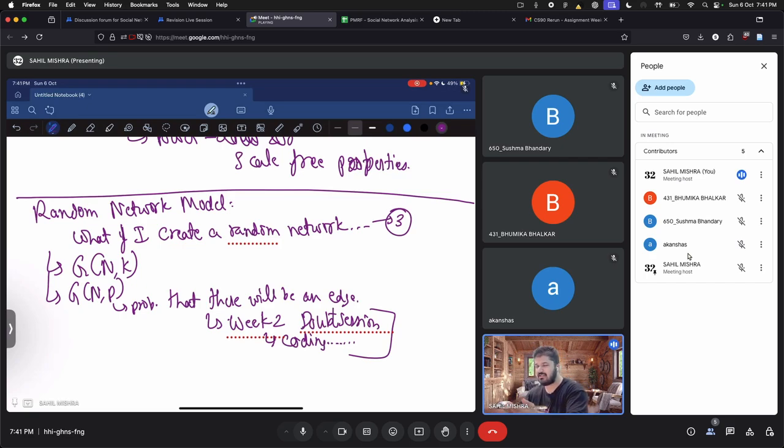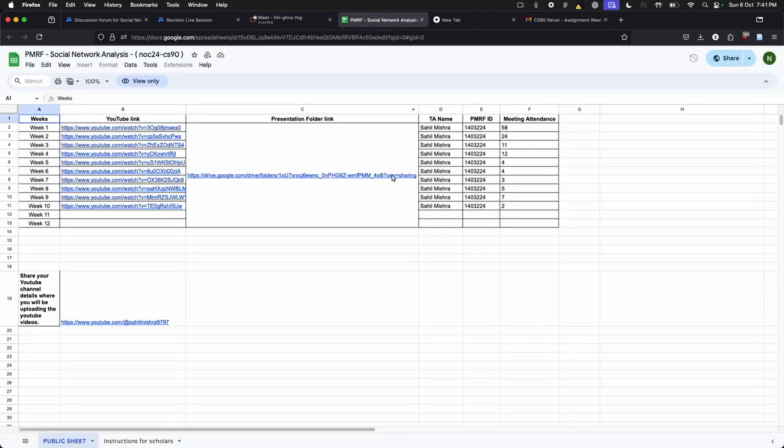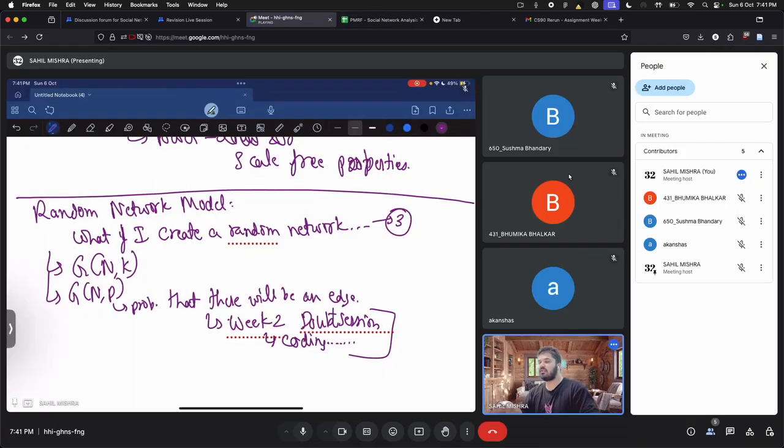In week 2 or week 3 it will be there. You can go through the notebooks present in the Google Drive link on that portal. There's an Excel sheet with a Google Drive link. You will find how this probability affects the structure of the graph.